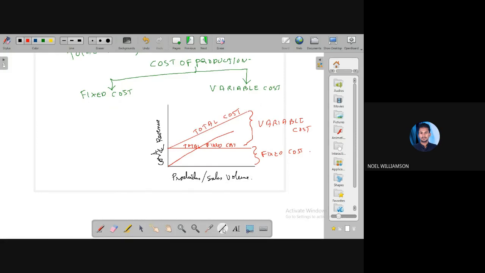Now we will see the revenue, that is, the amount we receive by producing this. We are assuming that if we produce 2 units, then the 2 units will be delivered to the customer, or sold. The complete amount will be sold, and no product will be kept in inventory. That is the assumption we are taking.